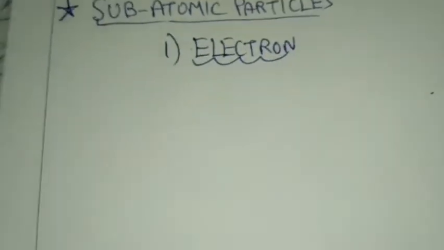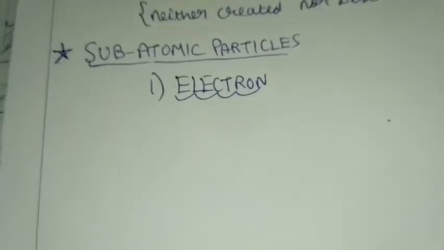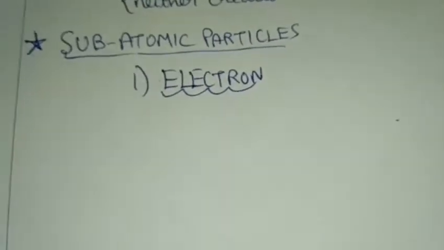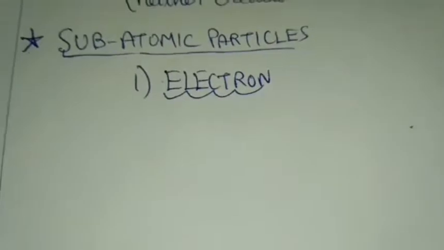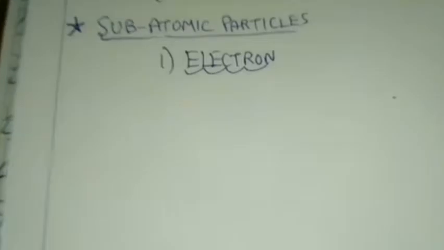Now, how did scientists come to the idea that atoms could be divisible, and that some particles exist inside the atom? In the 1830s, there was a famous scientist called Michael Faraday. He was the discoverer of some classic electromagnetism, which you will study in class 12th.